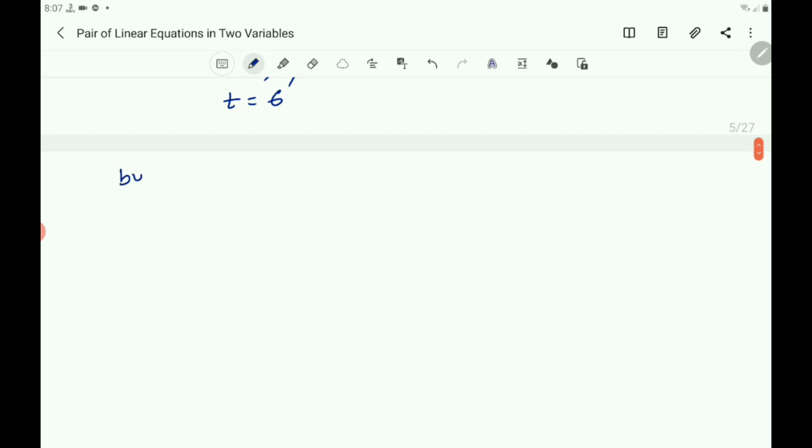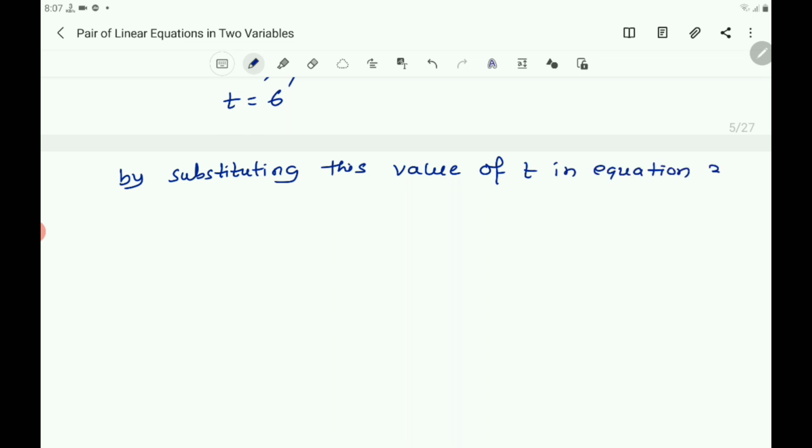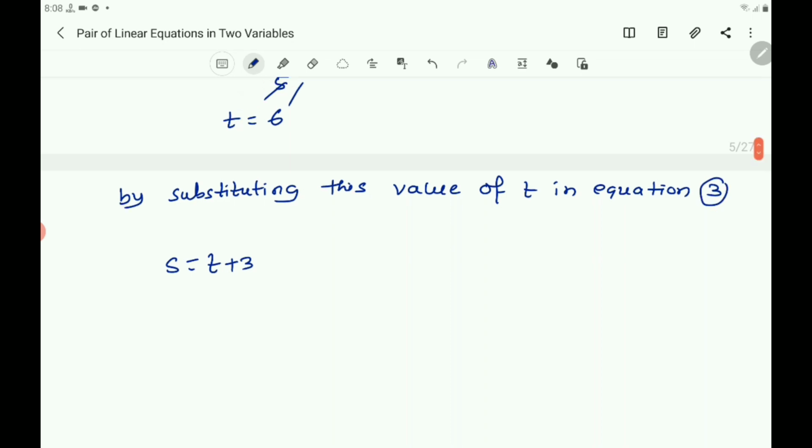By substituting this value of t in equation 3, the third equation, s equals t plus 3.